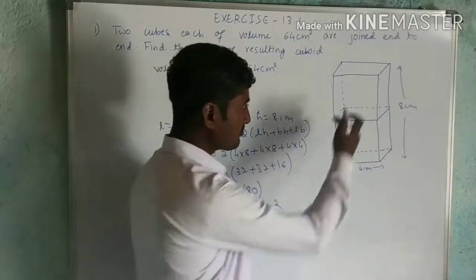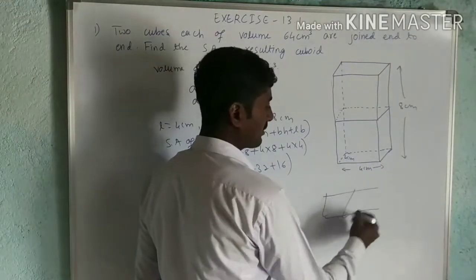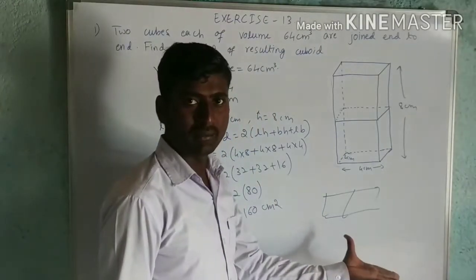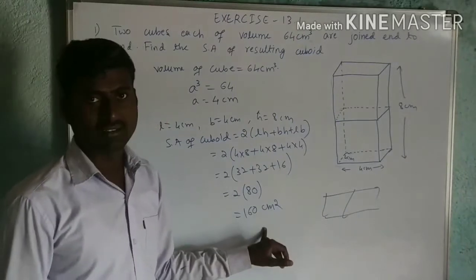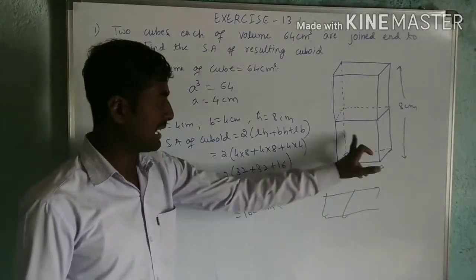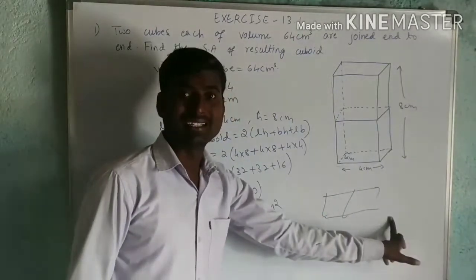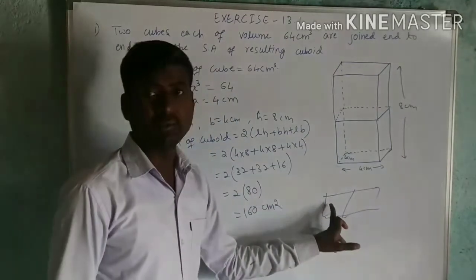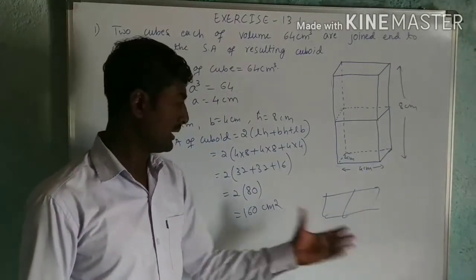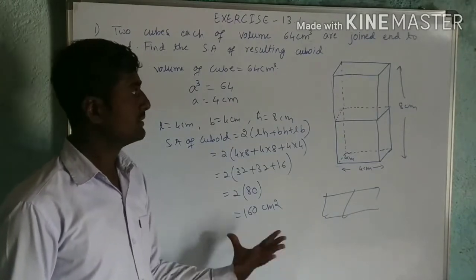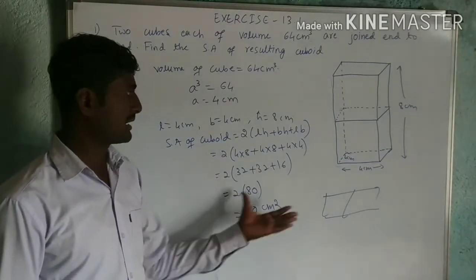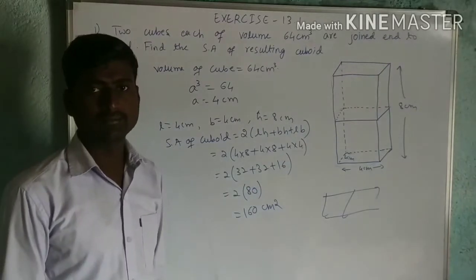Otherwise, in this way also you can take the cuboid. Both are same, but L, B, H are different. Even though, you will get the same answer. So if you change L, B, H here, L will be 8 centimeter. Breadth and height will be 4 centimeter. But even then you will get the same answer, 160 centimeter square. Okay. So this is how we can get the surface area of the resulting cuboid.